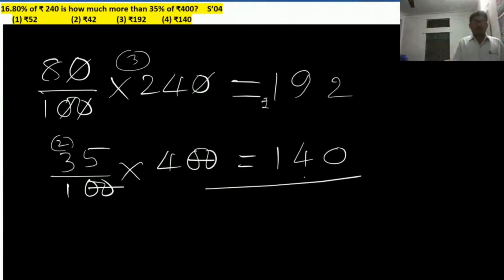So how much more than 192? To find that, we subtract 192 minus 140, which is 52. 192 is 52 more than 140. So option 1.